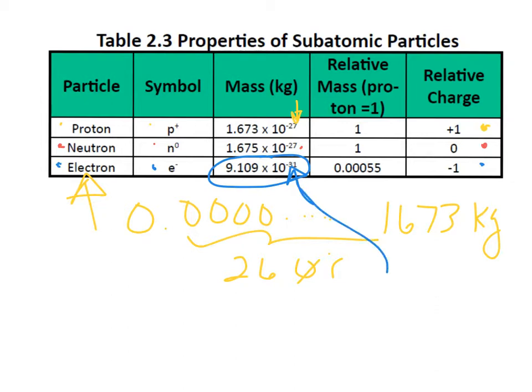So that mass is so tiny. It's even tinier than protons and neutrons. But it's so tiny that when you're looking at the mass of a single atom, we don't even count the mass of the electron. So it's so much more tiny than even the protons and the neutrons that its contribution to the overall mass of an atom is insignificant.